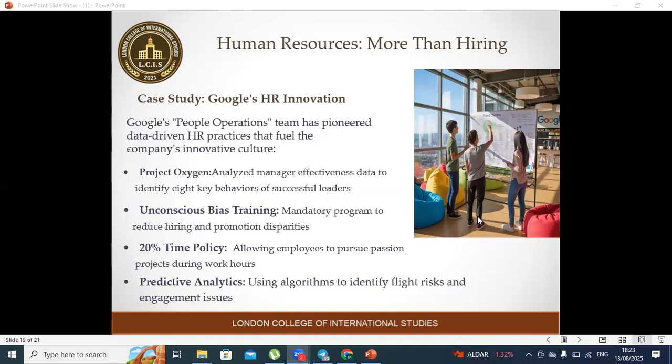Unconscious bias training, mandatory programs to reduce hiring and promotion disparities. 20% time policy, allowing employees to pursue passion projects during work hours. Predictive analytics using algorithms to identify flight risks and engagement issues.